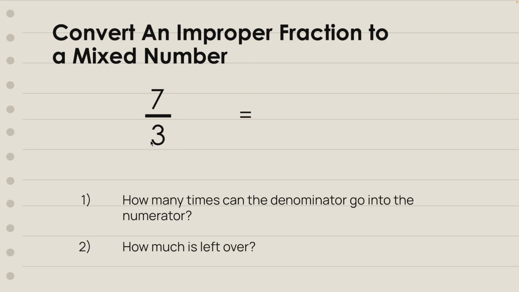So I'm thinking, how many times can the denominator go into the numerator fully, and how much is left over? In this case, it can go in 2 whole times, with 1 out of 3 left over. Again, remember the bottom number stays the same because I'm not changing the pieces.